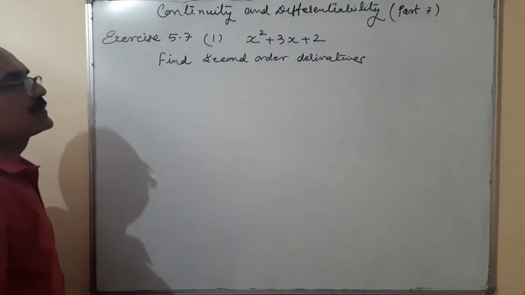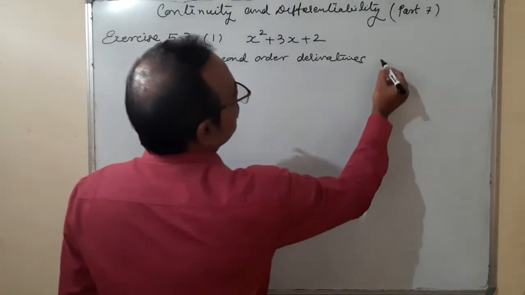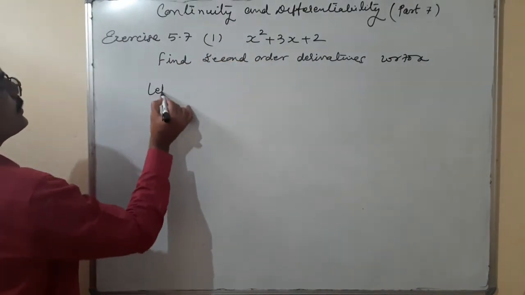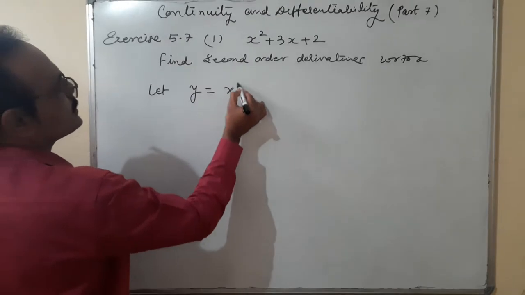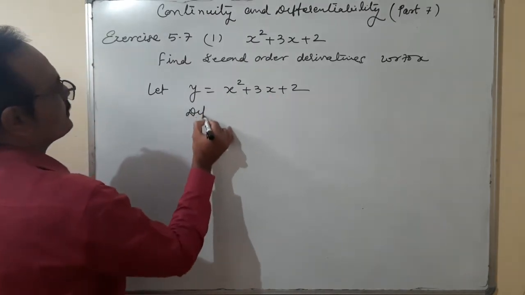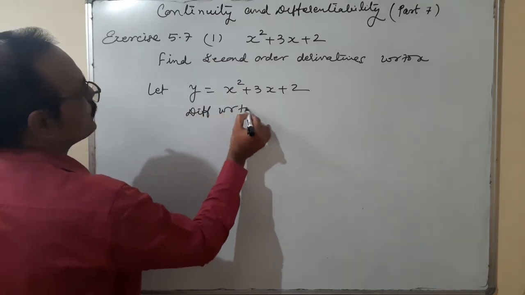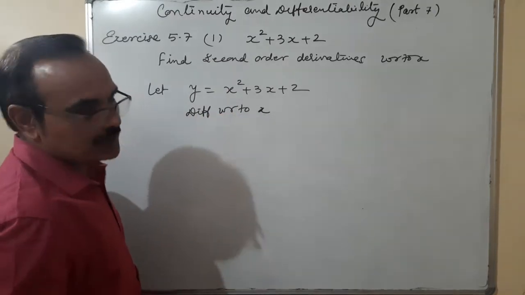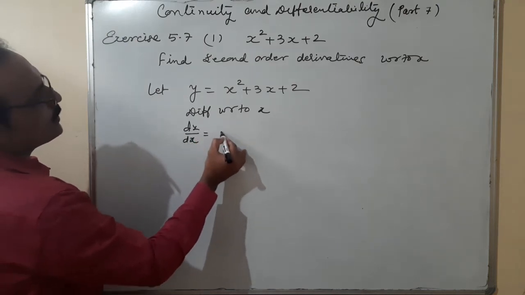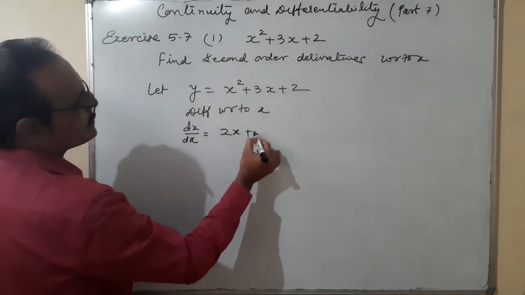Second order derivative with respect to x. So let y is equal to x square plus 3x plus 2. Differentiating with respect to x, dy by dx is equal to 2x plus 3.